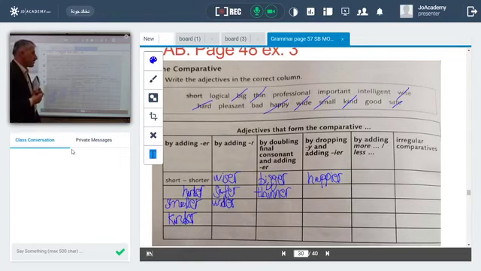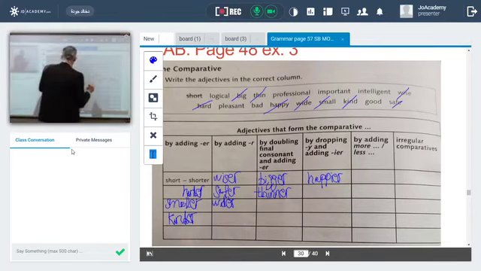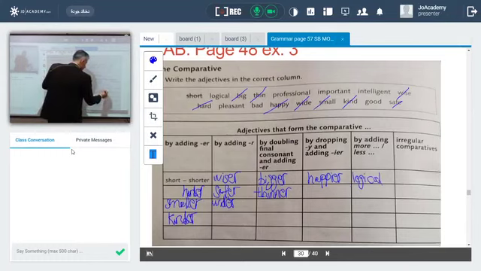By adding more or less, we have so many. Logical, professional, important, intelligent, pleasant. All these adjectives, they are long adjectives. That's why we need to add more or less before them. We keep them as they are. Logical. Okay. Take it out. Professional.